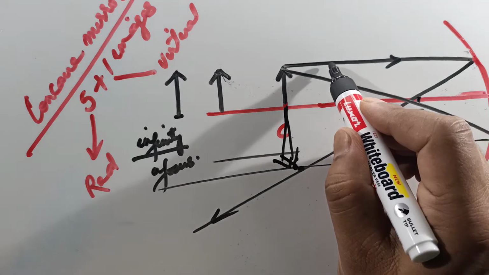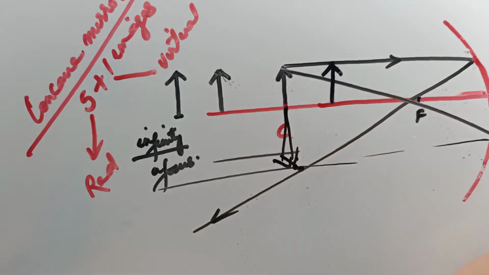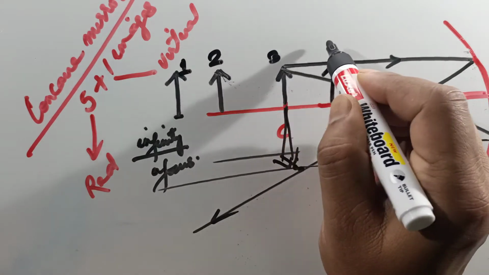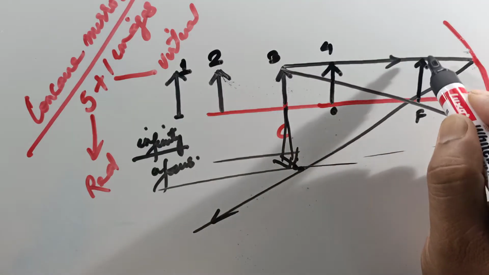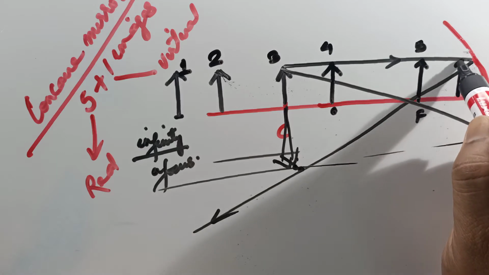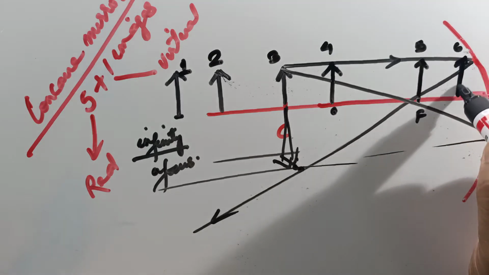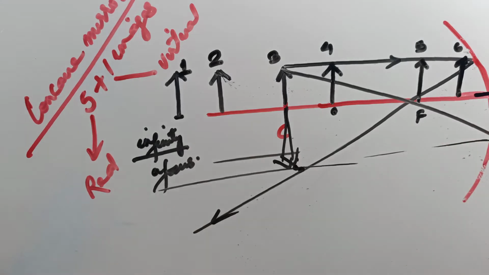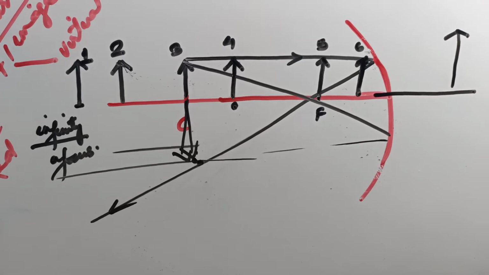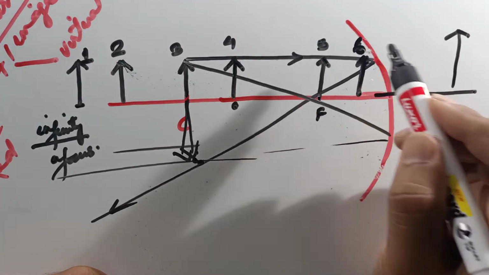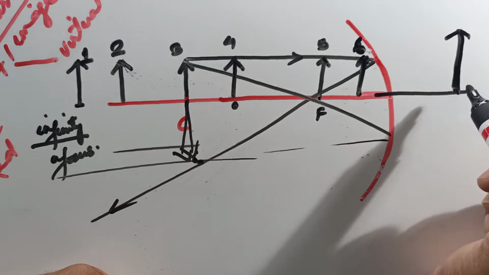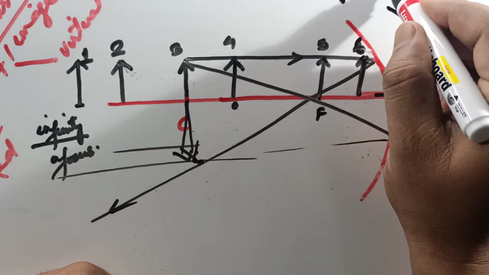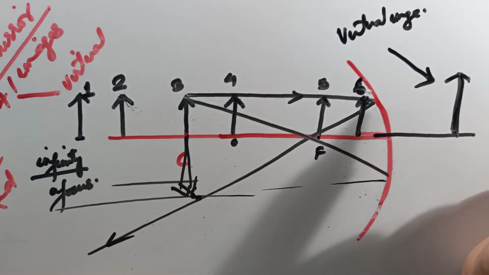And then we moved on between C and F, right? This was the next position. I can say position 1, position 2, position 3, position 4, position 5, and then the object was at position 6. At position 6, the image was formed behind the mirror, and this was the virtual image.